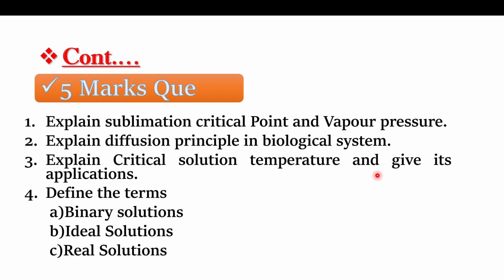And the last question depends upon definitions, that is, define the different terms: binary solution, ideal solution, real solution. It is not important that this question will come for 5 marks; it can also be asked for 2 marks, that is, define the terms binary solution and ideal solution. This question is separately asked for 2 marks as well.